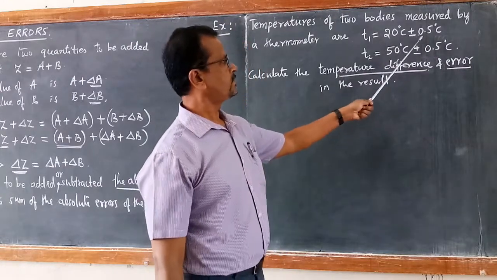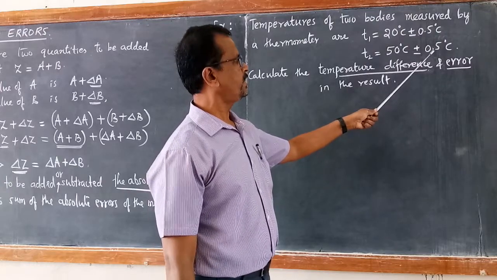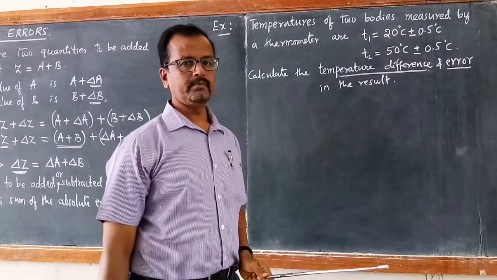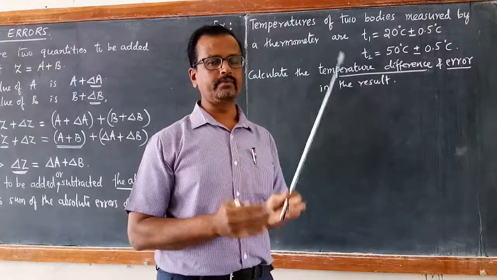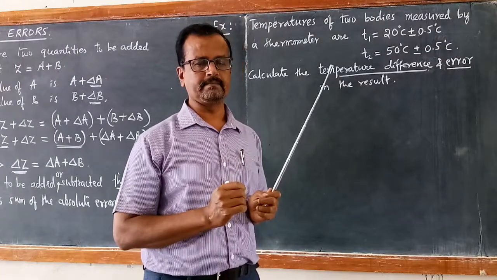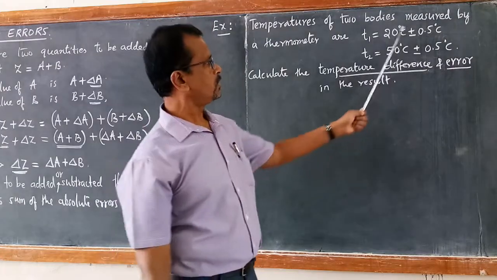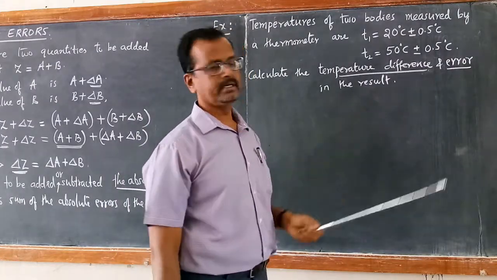Plus or minus 0.5 degree in T1 and T2 are the absolute errors, and we have learned earlier whether it is a positive or negative value, we have to take the absolute value all the time. Absolute means we always take the modulus. So the modulus of minus 0.5 is also a positive value, and same thing here also.